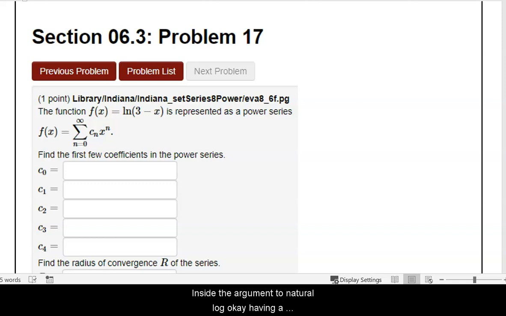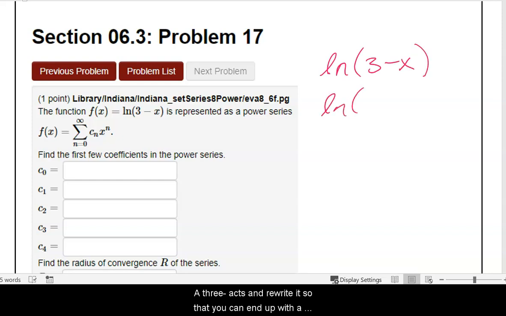Okay, having a hard time talking today. So let's start with this one up here. What do they mean? They mean you need to take this natural log of 3 minus x and rewrite it so that you can end up with a natural log of 1 minus something with x.